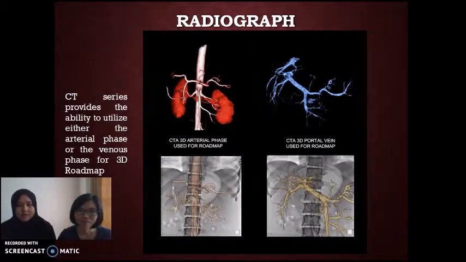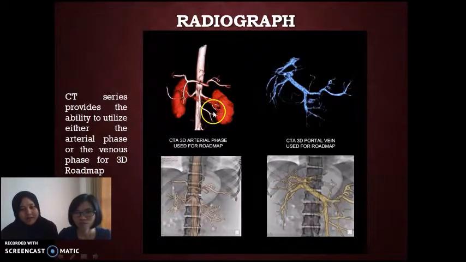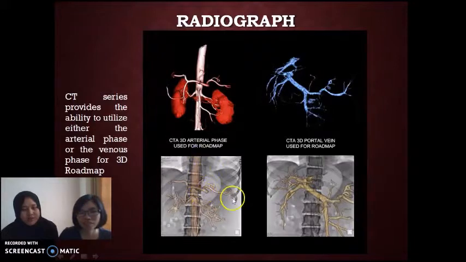This is also the same, but a different anatomy. This is for the kidney, the arterial phase and the venous phase. As we can see, the above radiograph is the 4D CT scan of the kidney and the renal artery. After reconstruction, the 3D CT image is merged with the Angio image, and we can see the radiograph.